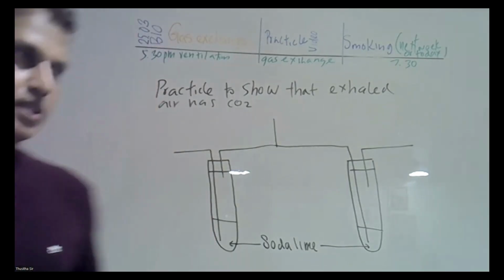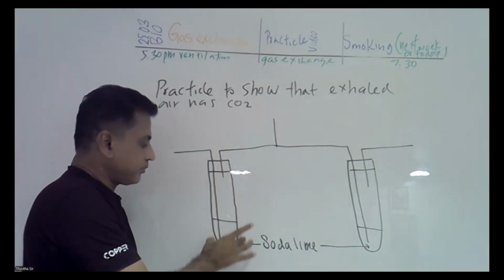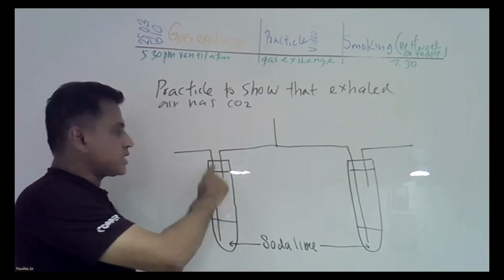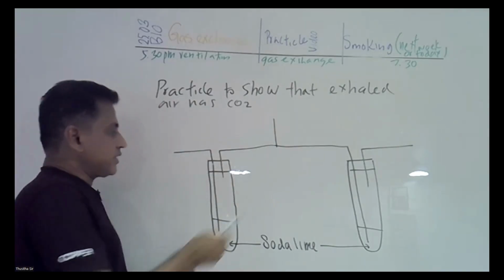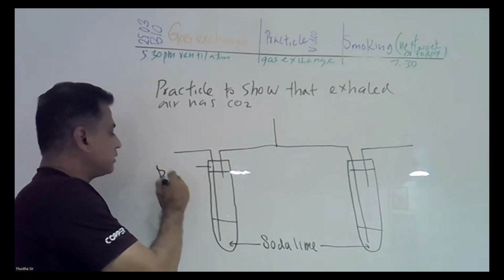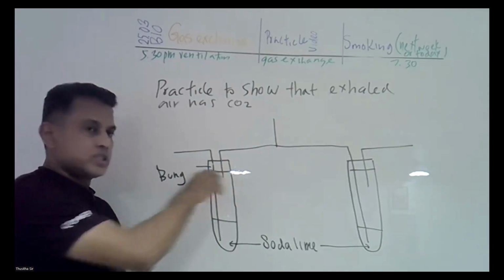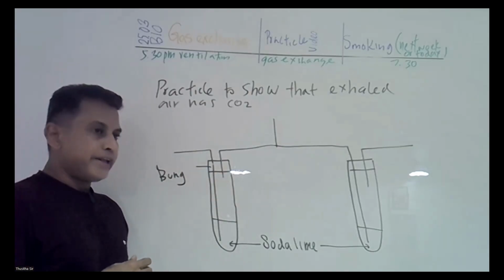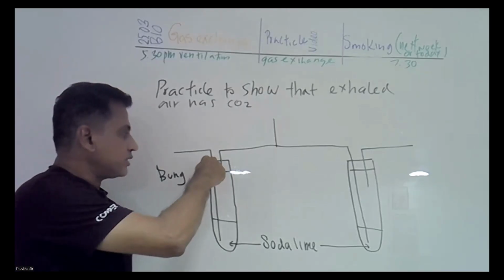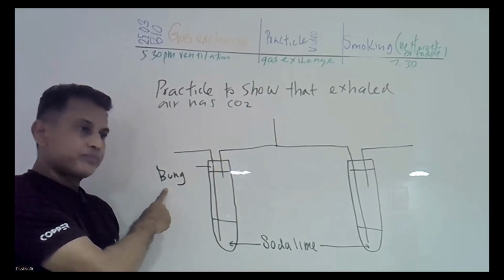Right. The method is this. We take a test tube and use a rubber stopper. Usually we call this a rubber bung, which fits tightly to the mouth of the glass tube, and we make two holes in this rubber bung.